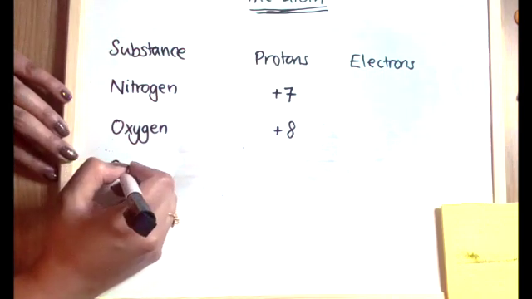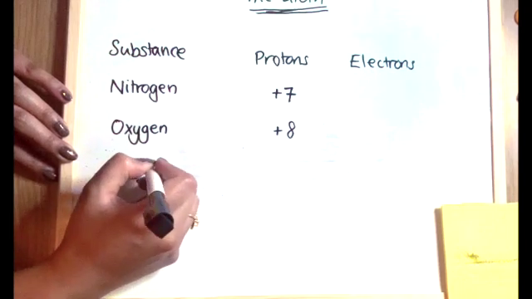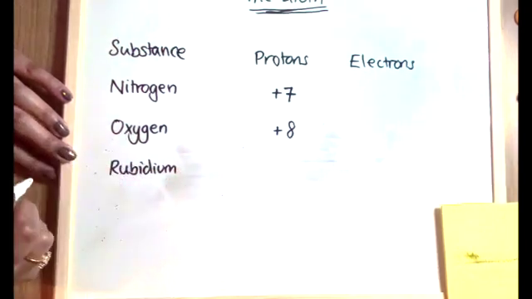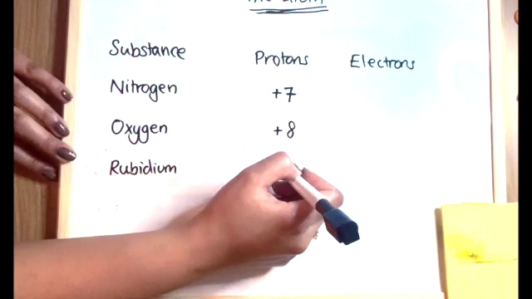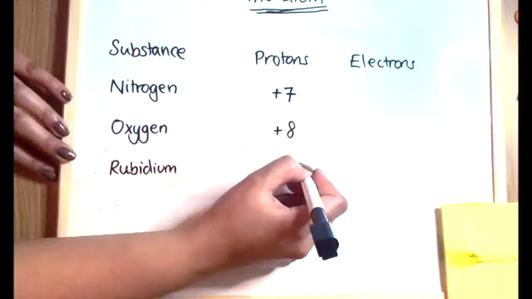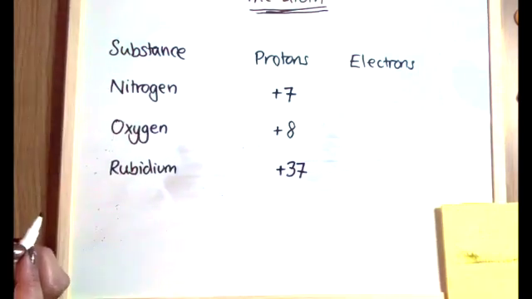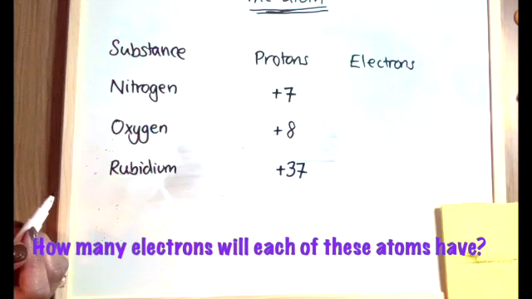And then rubidium has 37 protons, so that's 37 positive subatomic particles in the nucleus.